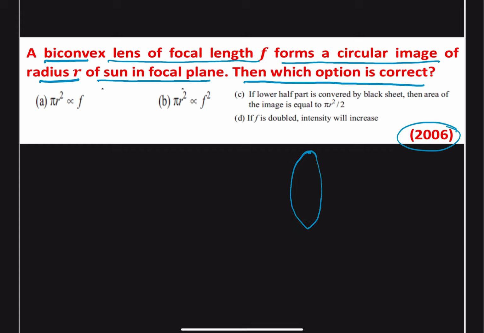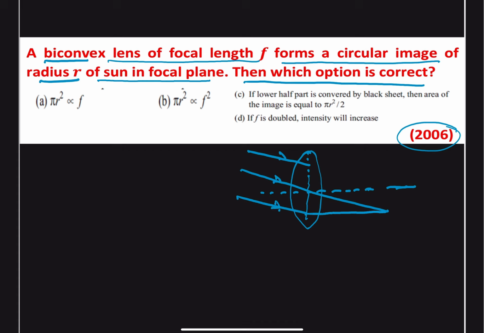and this is the optical axis, and we have a ray of light, let us suppose, coming like this parallel, going almost straight this way, and they will be converging at a single point.